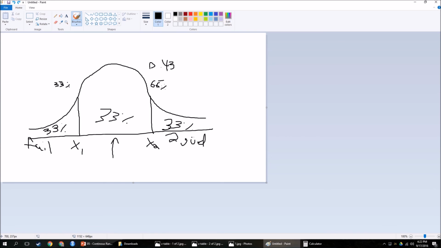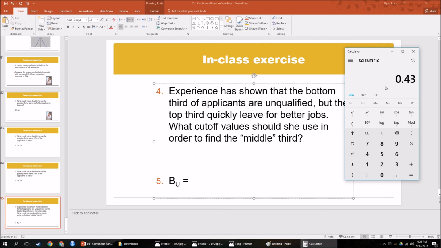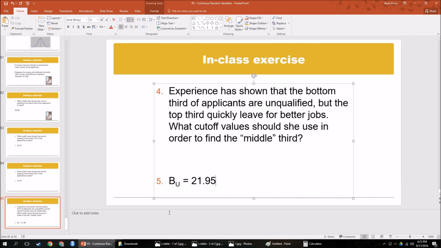Okay? So 66% right off the table. That value, this one right here, the upper bound, has a z value of 0.43. Okay? And we can back that out first. So the upper bound is 0.43, following the destandardization formula that I gave you, 0.43 times 2.96 plus 20.68, 21.95 points.